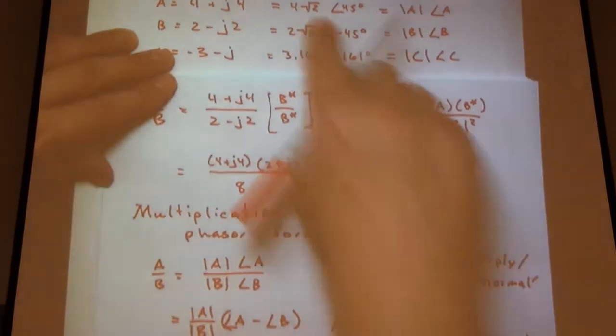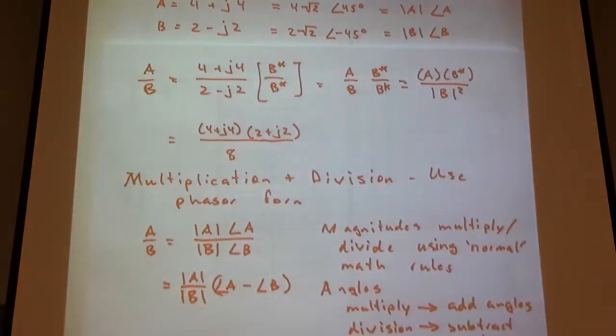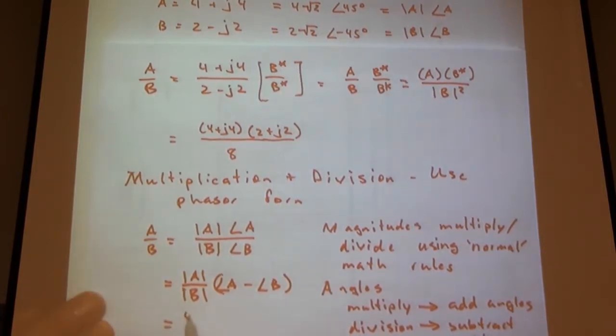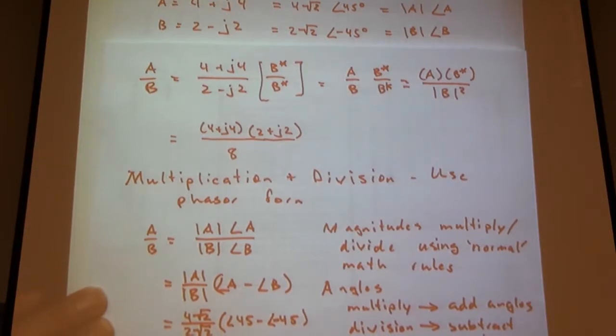Here they are. 4 times square root of 2 and 2 times square root of 2. So we wind up with 4 square root of 2 over 2 square root of 2, angle 45 minus angle 45, minus sign in there. And so we wind up with 2 angle 90.